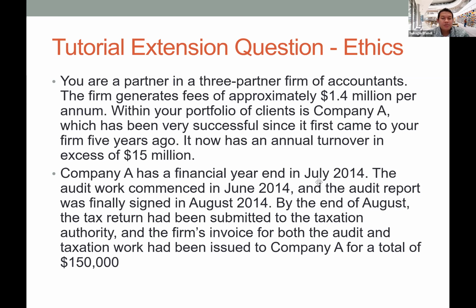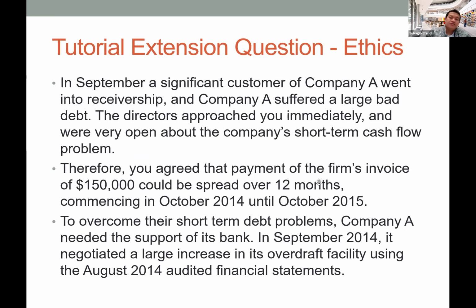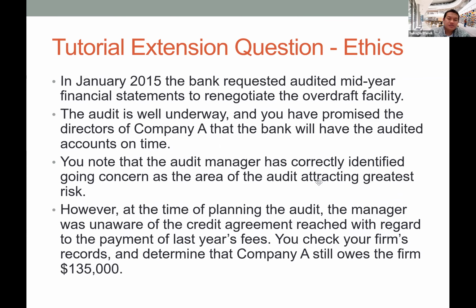So the company cannot pay the audit fees because of this failure in collecting the accounts receivable. In order to pay the audit fees, the company needs financing from the bank, but the bank requires the auditor to issue an unqualified opinion, which is the best opinion. It's saying that there's no problem with this financial statement.